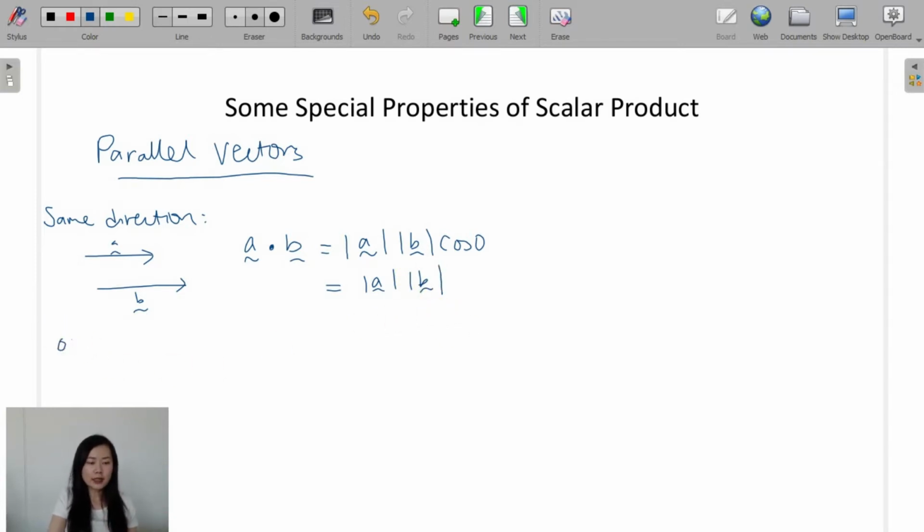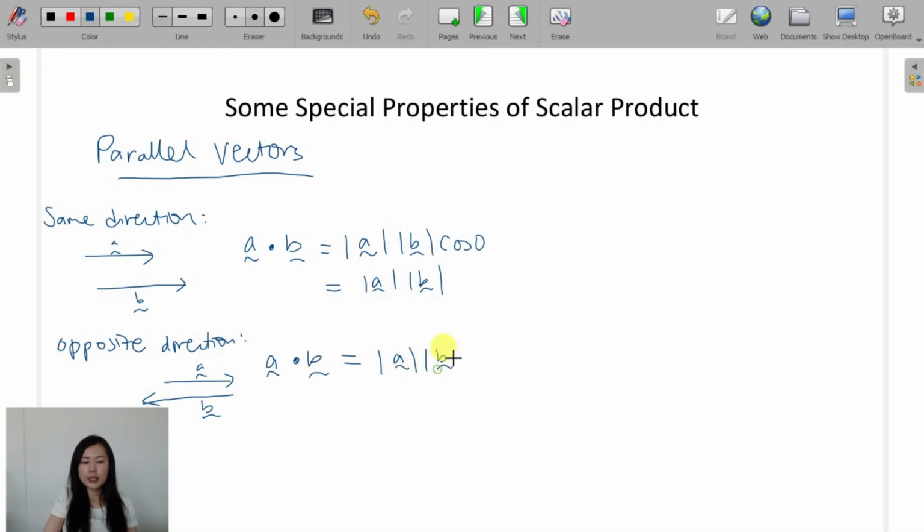If they're pointing in the opposite direction, let's say like that, then it will be magnitude of A, B cos pi, or 180 in this instance, and cos 180 is minus 1.